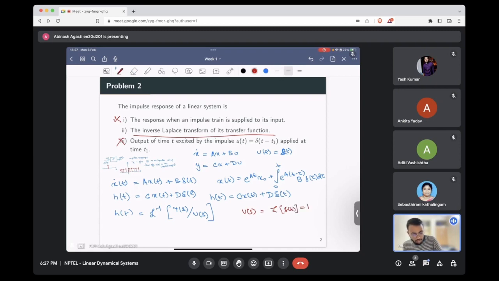So this is nothing but 1. So clearly this condition holds, because h of t is just Laplace inverse of h of s, which is the output. Okay, is this clear? We need not go about solving the system or anything. We just directly have this for the impulse response. Is it clear? So this is the correct answer.